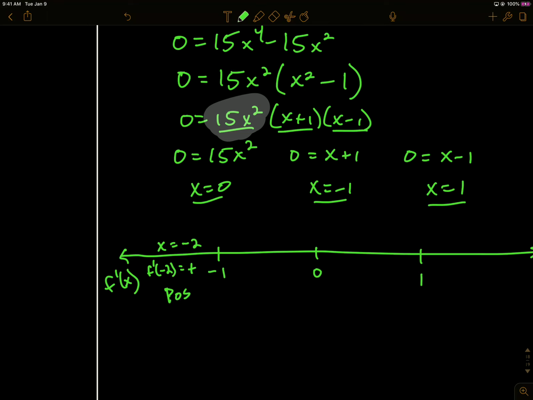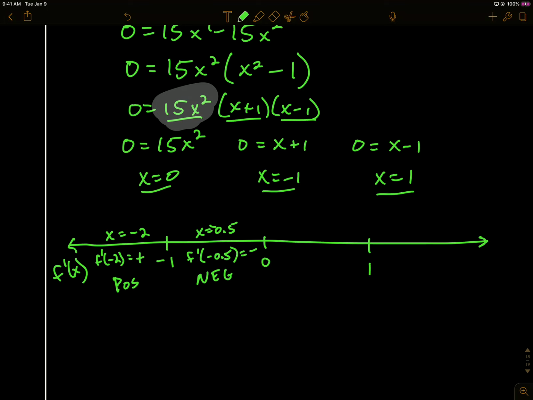Now if I pick a number on this next interval, let's do like negative 0.5. F prime of negative 0.5. If I plug that into my derivative, again, the 15x squared part's positive. A positive times a negative is going to give me a negative. So the derivative is negative on this interval. And I repeat a similar process.